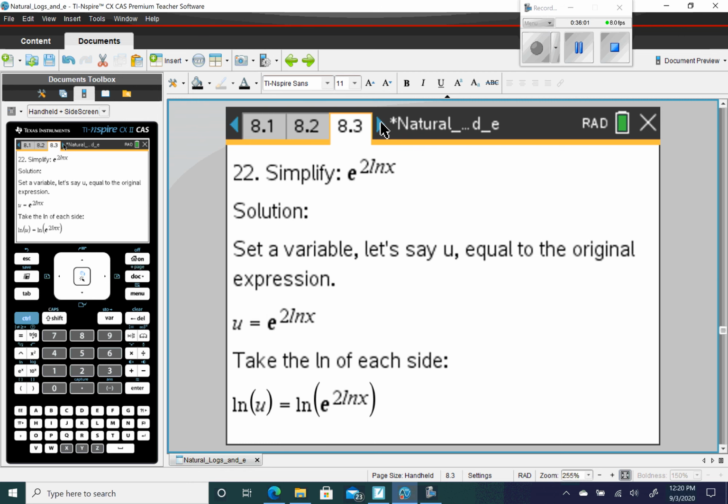So if we're just looking at an expression, we could set it equal to some other variable. In this case, we're going to call it u.